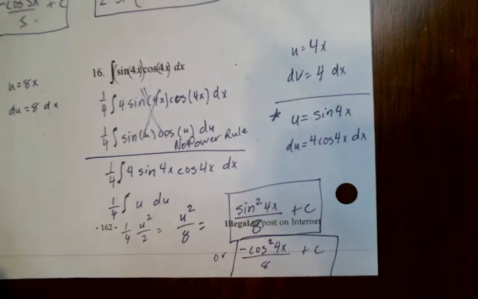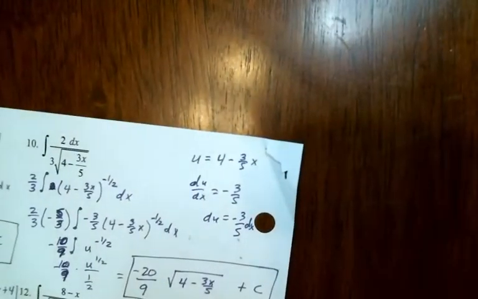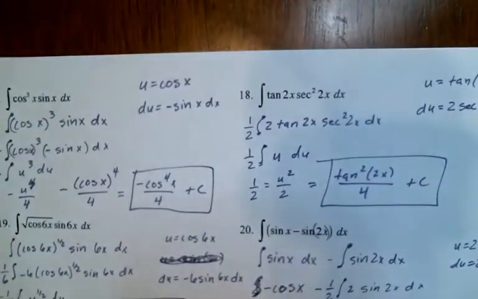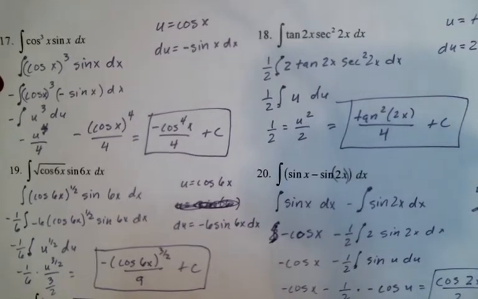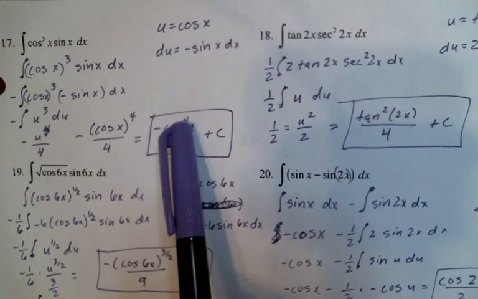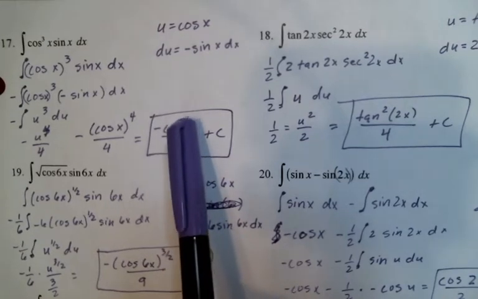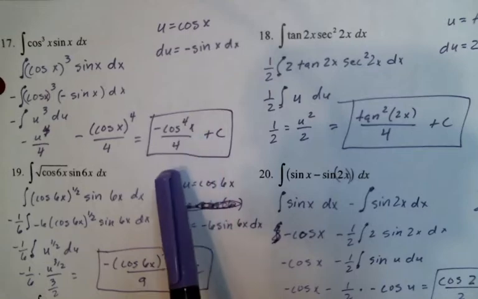Cool. All right, last page, which would be this one. 17 would be negative cosine to the fourth x, or cosine x to the fourth, either one's fine, over 4 plus c.